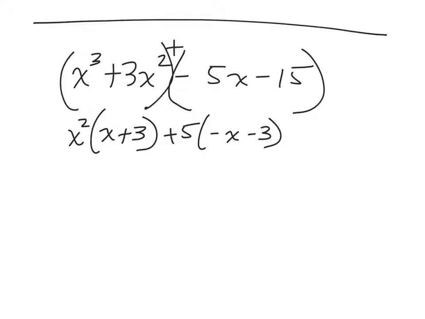I needed to match this first parenthesis. To get it the same, I would need both of these signs in here to flip. To flip both of these signs, what we're going to do is flip the sign on what we factored out. Instead of factoring out a positive 5, we'll factor out a negative 5.